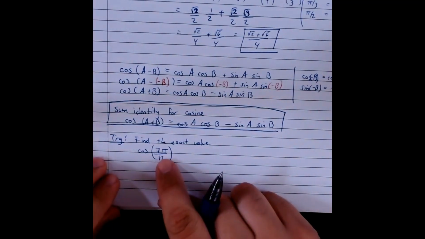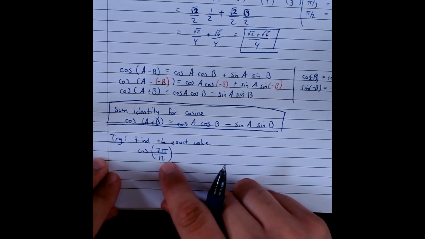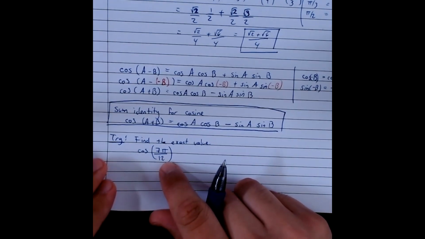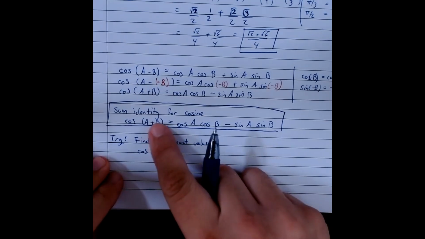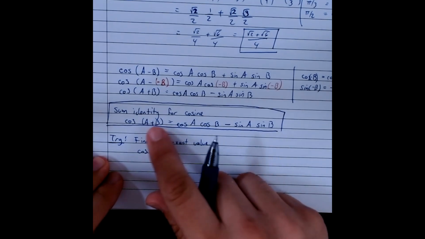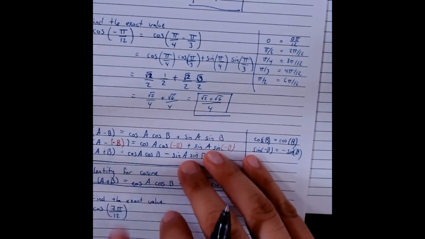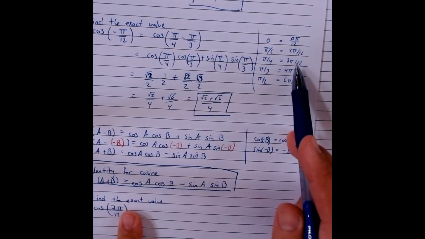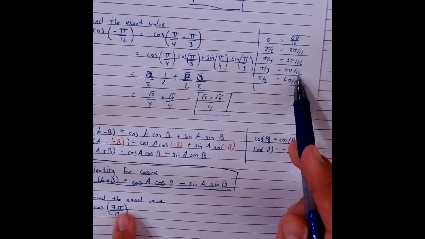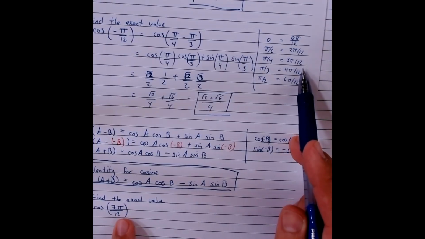All right, so we need to find two angles that either add or subtract to give me 7 pi over 12. Since I'm giving this example right after I give this identity, you can be fairly confident that it's going to be a sum. Oh yeah, but which one? Well, again, these all have denominators of 12. So which ones can I add to give me 7 pi over 12?